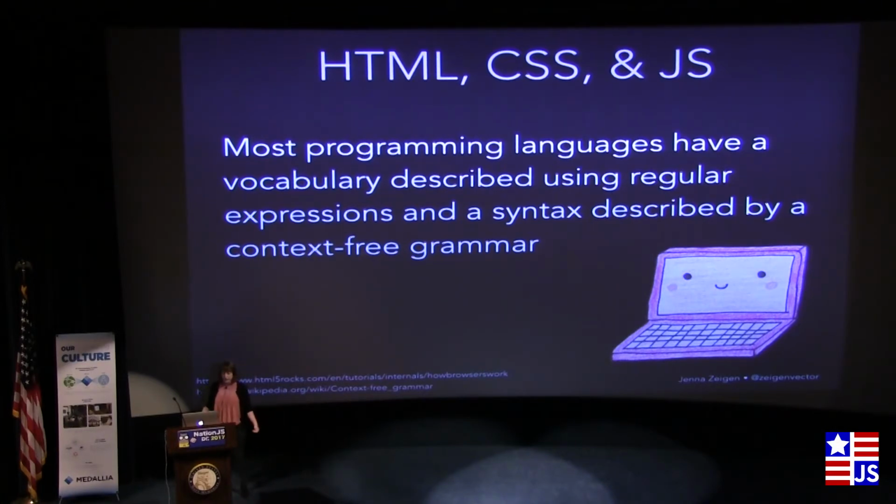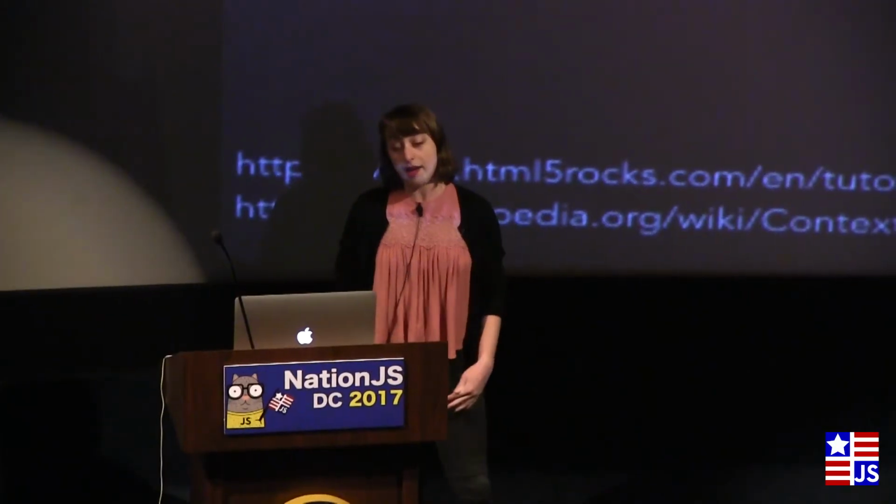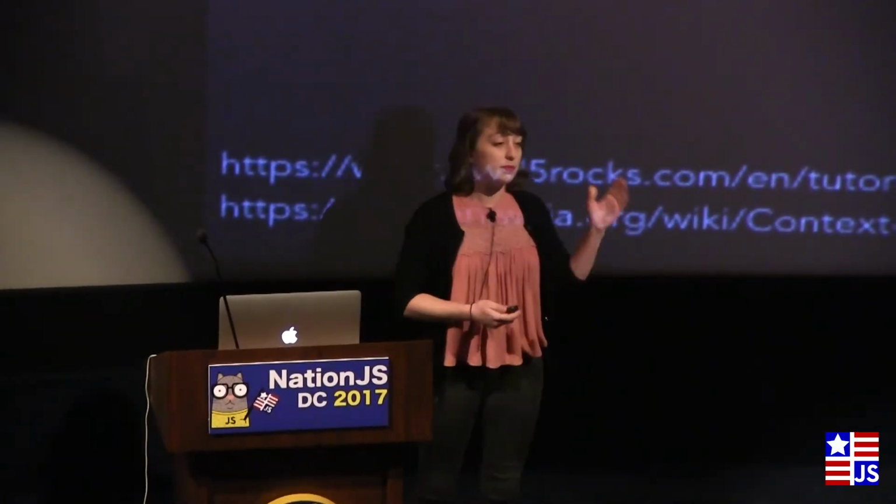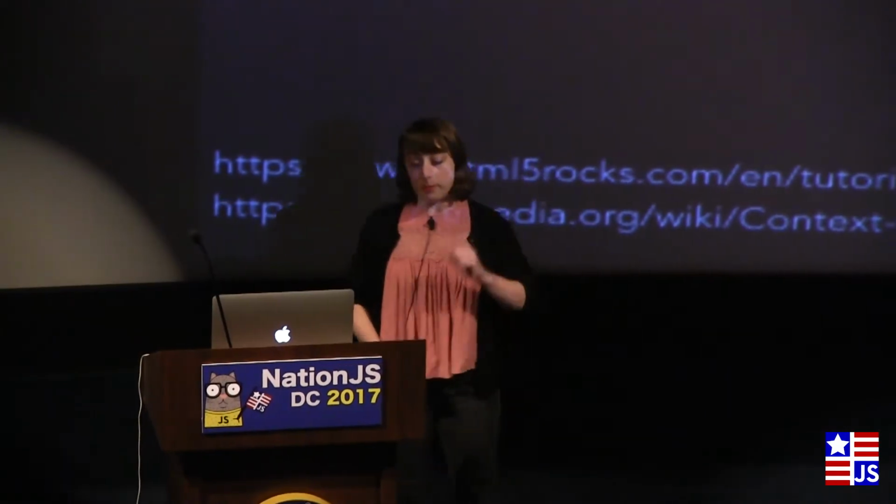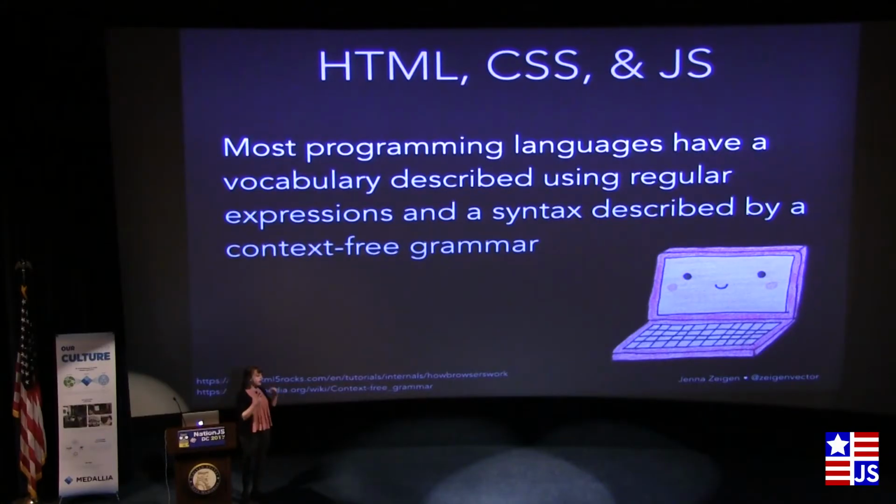What a context-free grammar means is that there is a set of production rules that can describe all the possible strings in a language. In context-free grammars, these production rules are simple drop-in replacements that can be applied regardless of context. And so that means that you can keep replacing bits of the string with other bits of the string infinitely forever. I wouldn't recommend creating something that long, though. Probably wouldn't send very well over the internet.